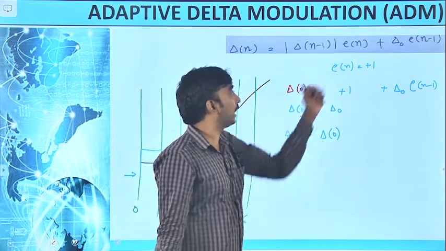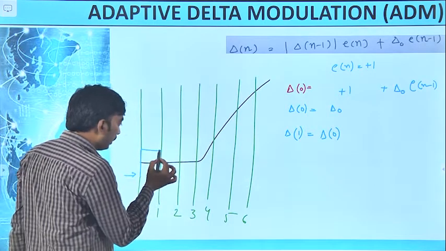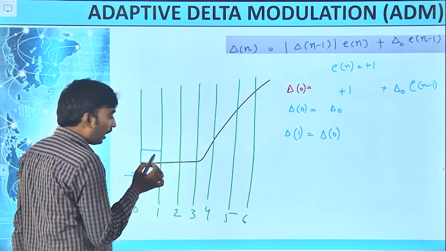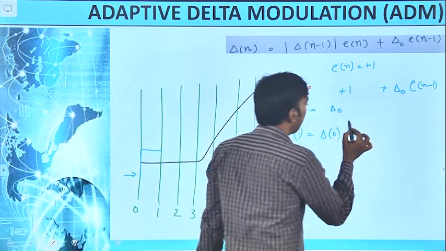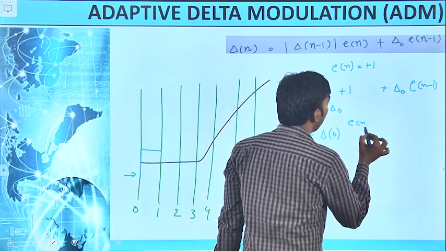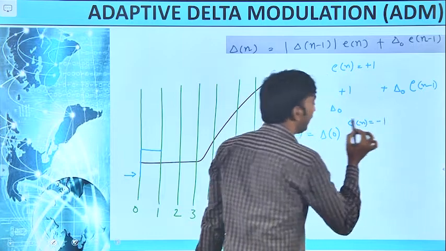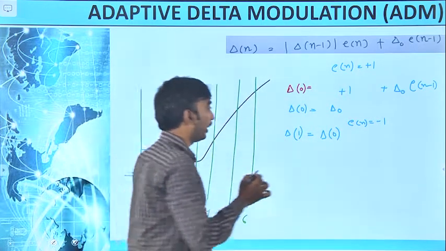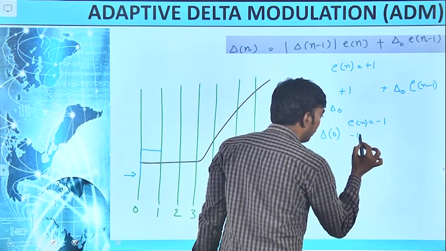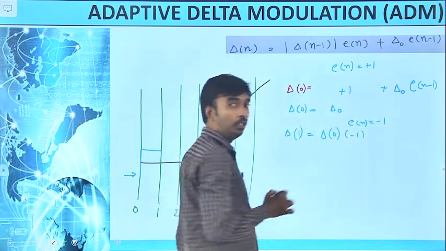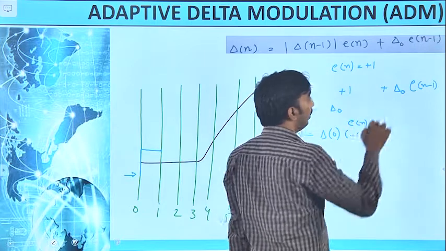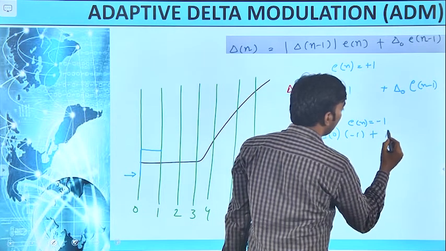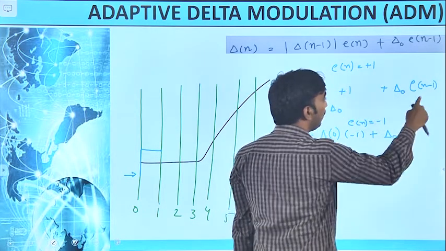Now we will find out the error here. Now the step signal having larger amplitude compared to the input signal, E of n at this place is minus 1, right? E of n is minus 1. So I am substituting E of n is minus 1 plus del naught. What is E of n minus 1?